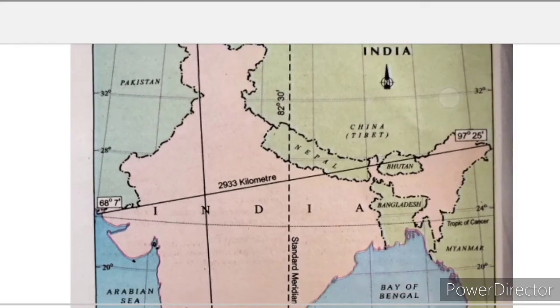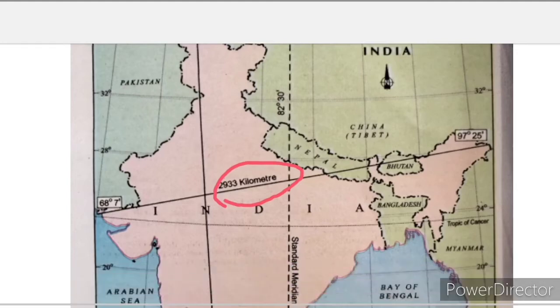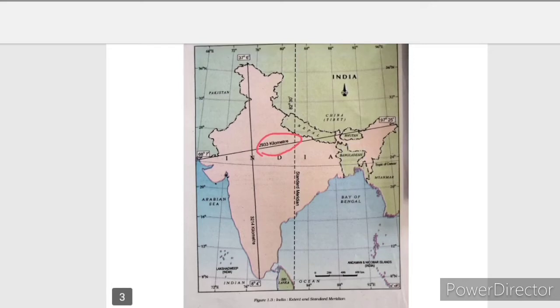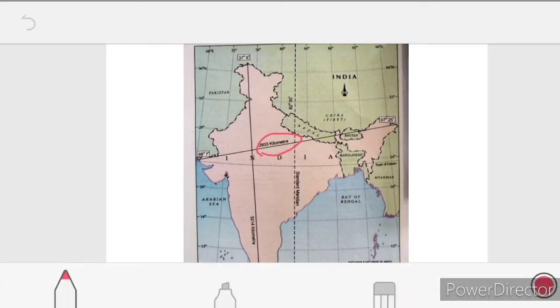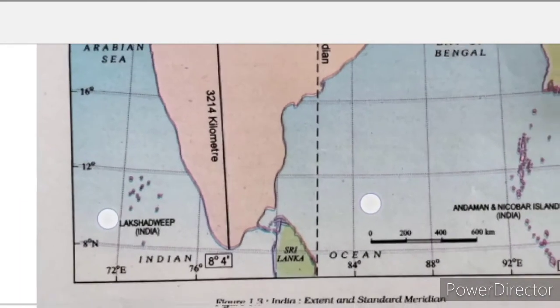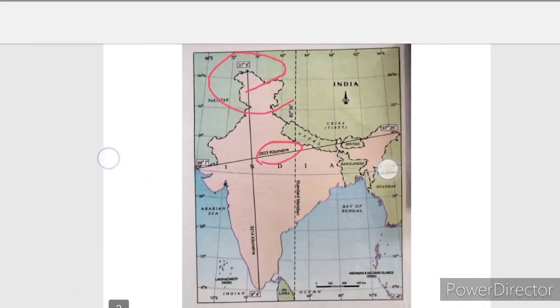The total length is 2933 kilometers. Same as we see here, from top to bottom, that is, from 37 degree 6 minute to 8 degree 4 minute of latitudes. The total length from north to south is 3214 kilometers.